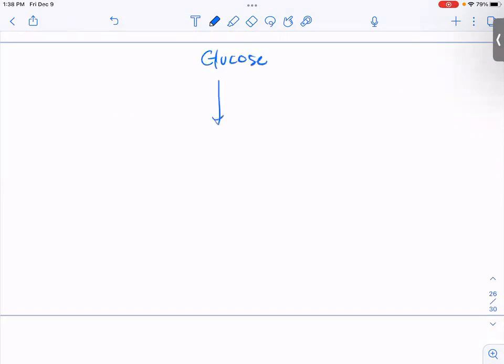Usually we start with glucose, and that's splitting of the glucose into the two 3-carbon pyruvates. It's going to happen by some kind of glycolytic pathway. Glycolysis is typically known as the Embden-Meyerhoff-Parnas pathway, or we'll call it the EMP.